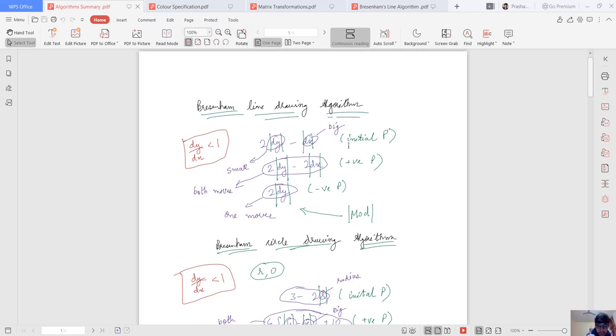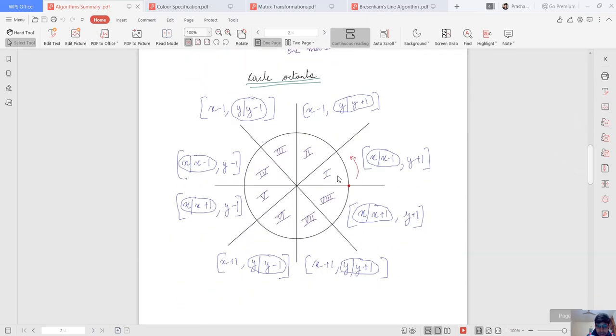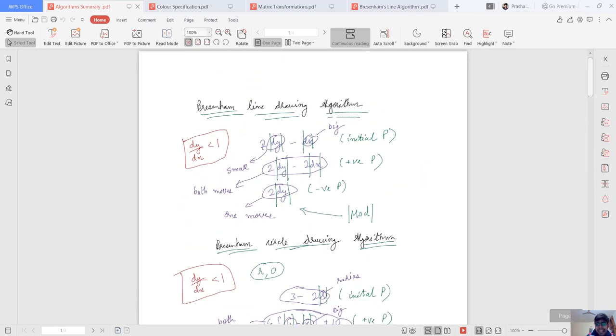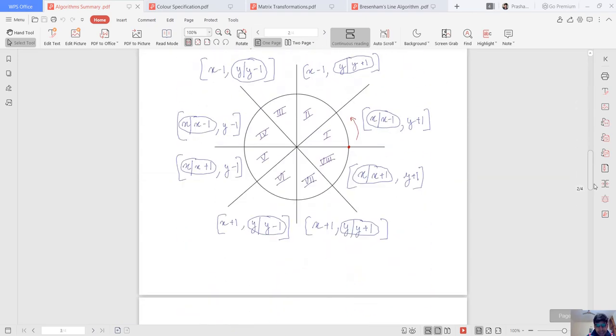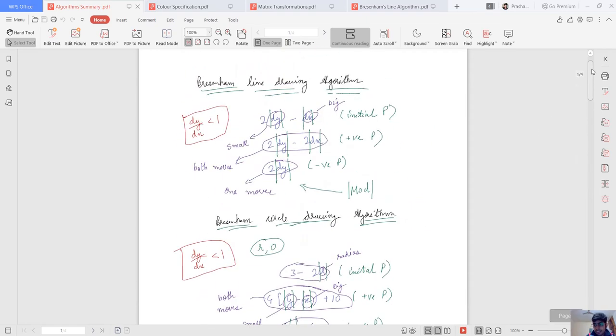If we want to run our Bresenham line algorithm in all the octants, we have to remember that dy will come first in the first, fourth, fifth, and eighth octants, and dx will come first in the second, third, sixth, and seventh octants, because dx will be bigger there. You have to remember that, or you can see why it is happening if you take enough time to visualize each and everything.